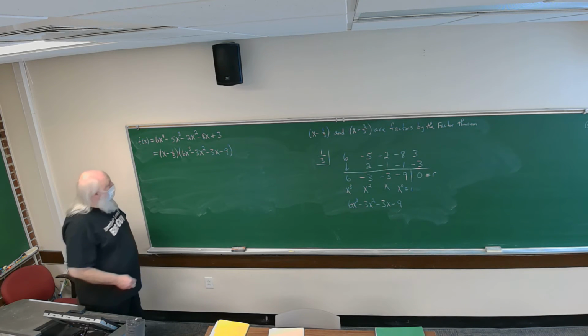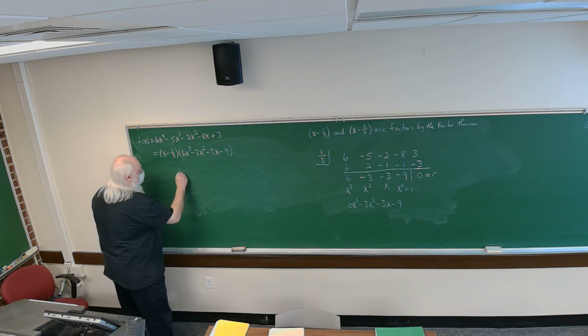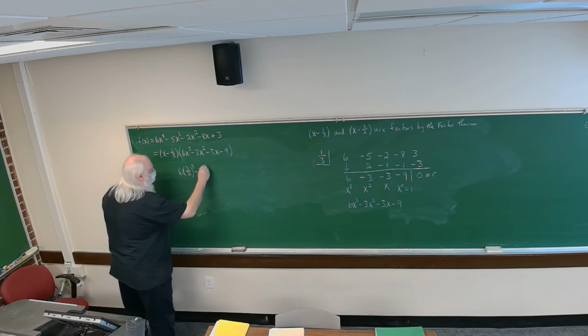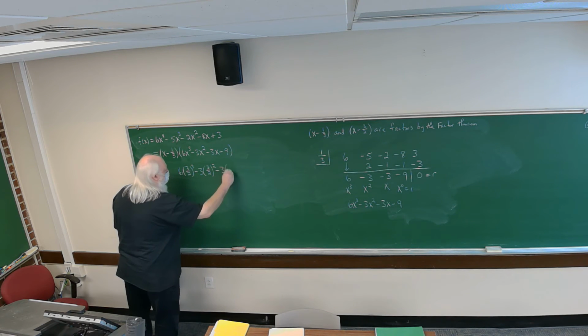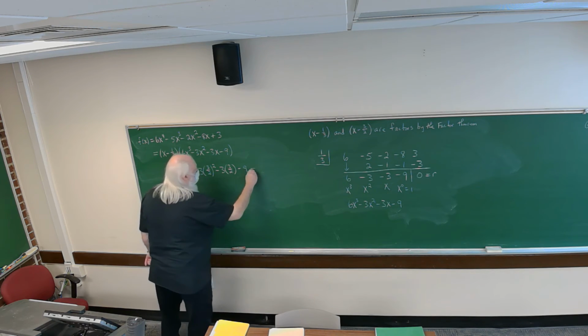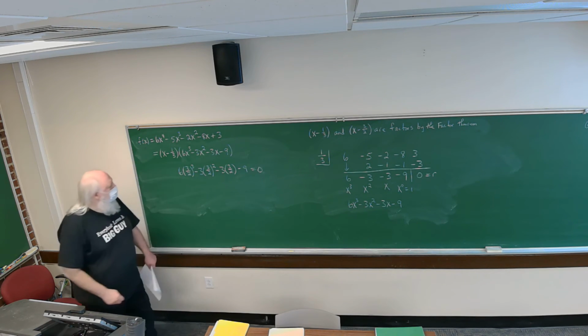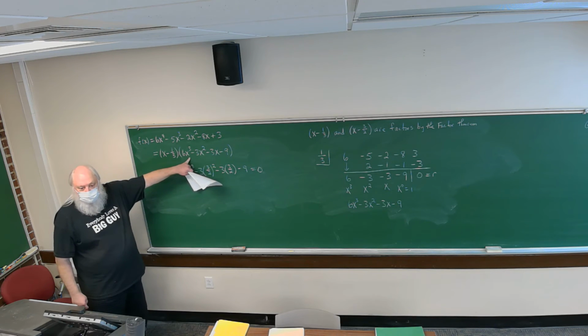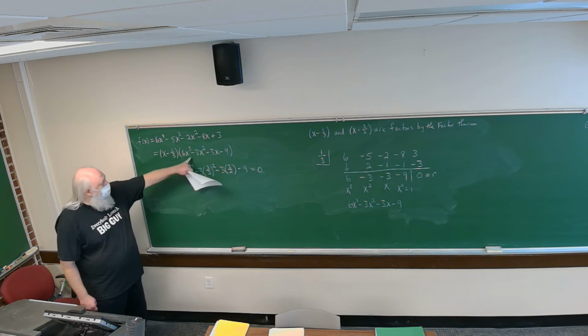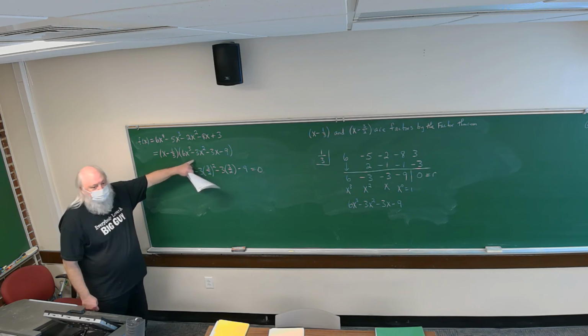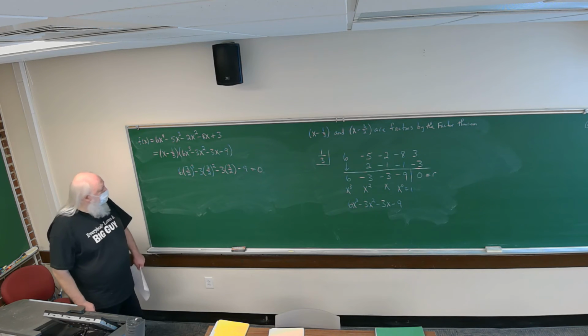Okay? So 6 times 3/2 cubed minus 3 times 3/2 squared minus 3 times 3/2 minus 9 better equal 0, because this third degree polynomial contains the factor x minus 3/2, right? When we factor this third degree polynomial, one of the factors is going to be x minus 3/2.